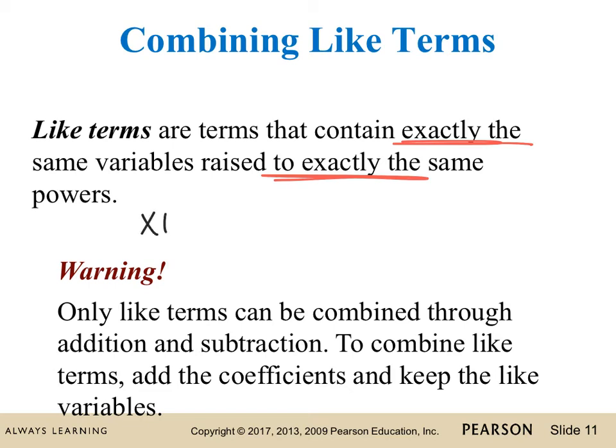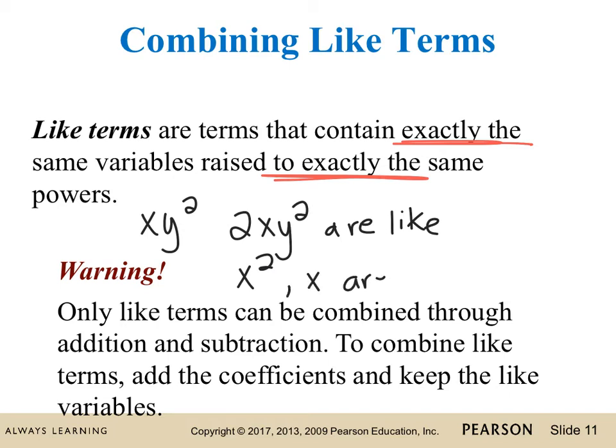So for example, xy squared and 2xy squared are like, but x squared and x are unlike because they have different exponents on the x's. In the first pair, x and x, and then y squared and y squared, same exact variables, same exact powers.